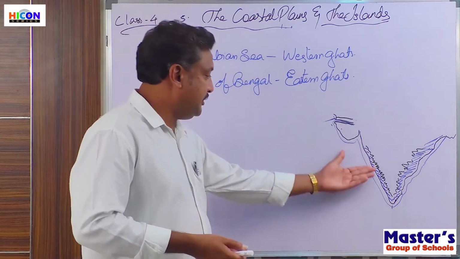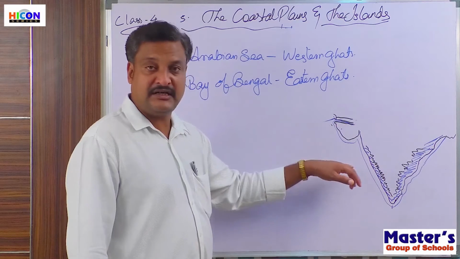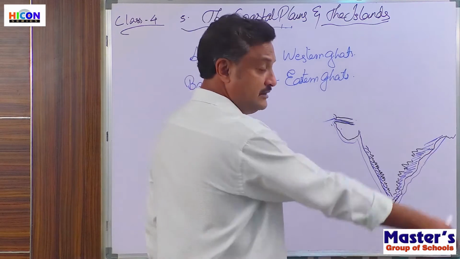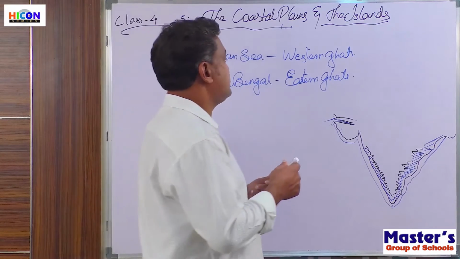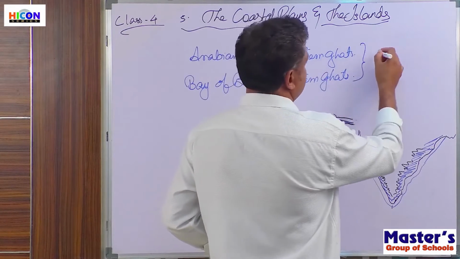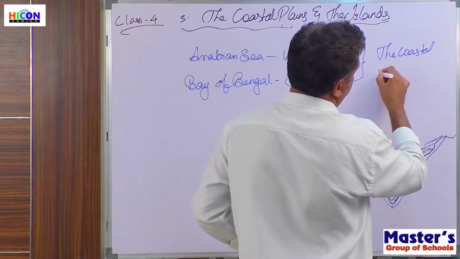So here it is in between the Western Ghats and the Arabian Sea, and here it is between the Eastern Ghats and the Bay of Bengal. Okay, so this land region is known as the coastal plain.